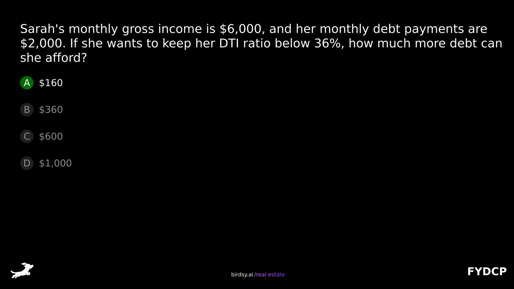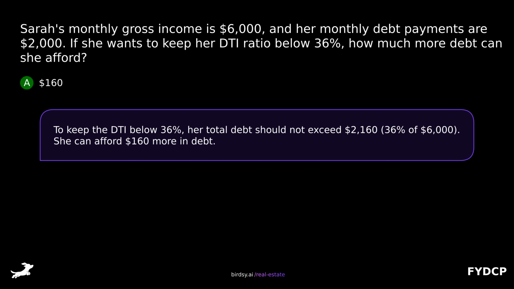The correct answer is A, $160. To keep the DTI below 36%, her total debt should not exceed $2,160, which is 36% of $6,000. She can afford $160 more in debt.